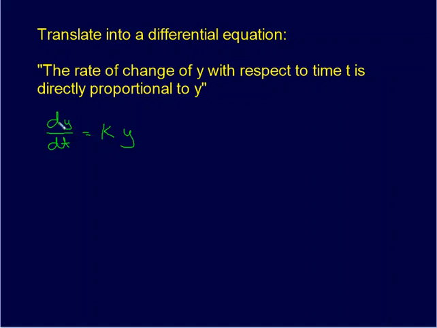So you might see the differential equation dp/dt equals kp, or really any variable could be used. Now let's think about what this means here. This means that the rate at which something grows is proportional to how big it is.